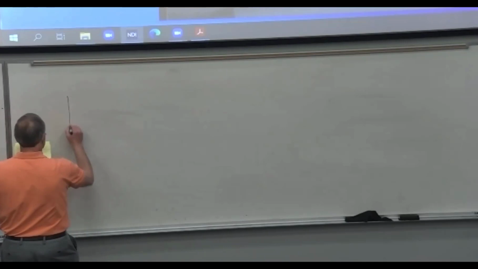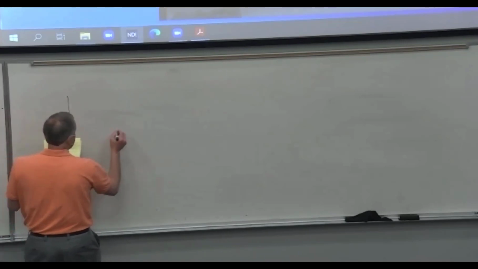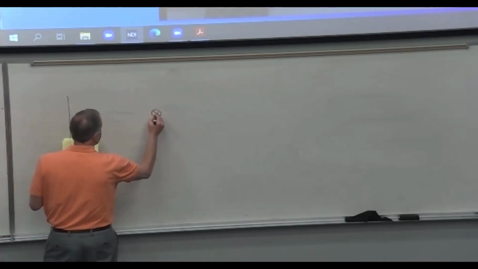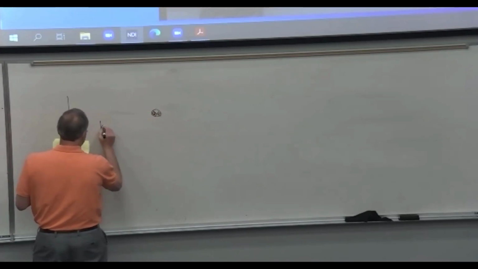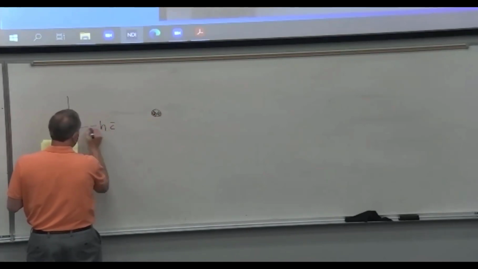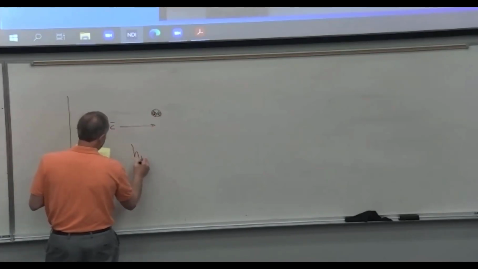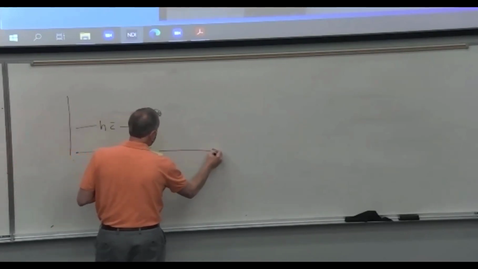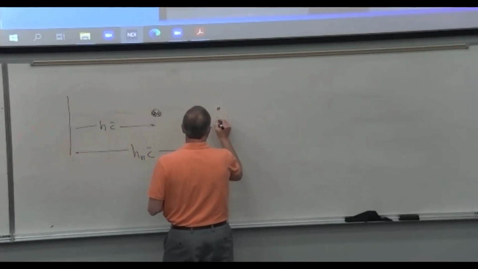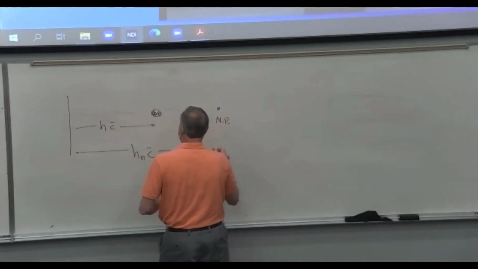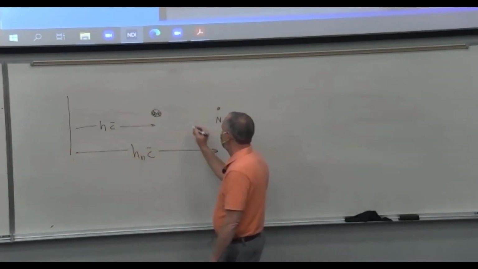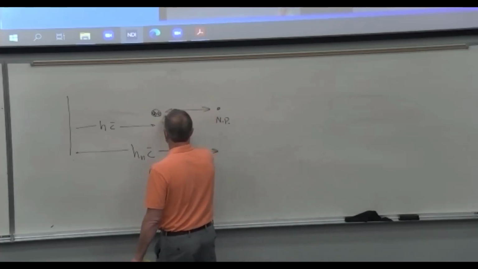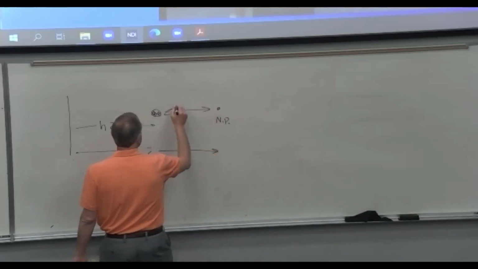So let's draw a picture of what's going on. Here's the datum. Here's the center of gravity. And if the neutral point is aft of the CG, then this distance is bigger. And then this distance here is the difference between the two.